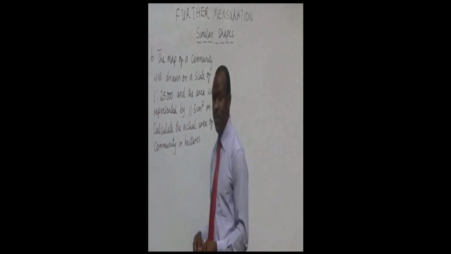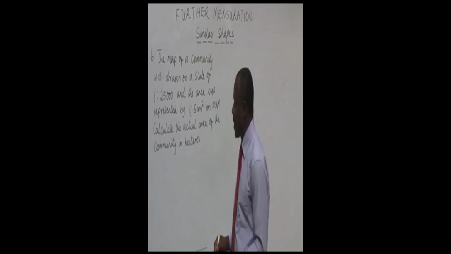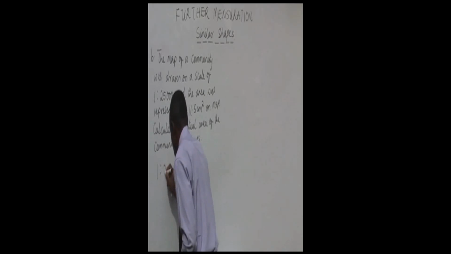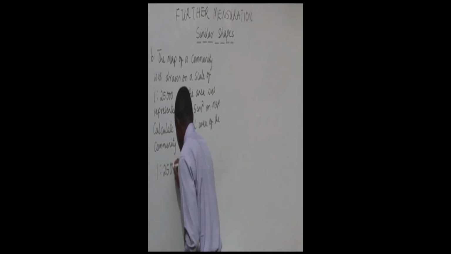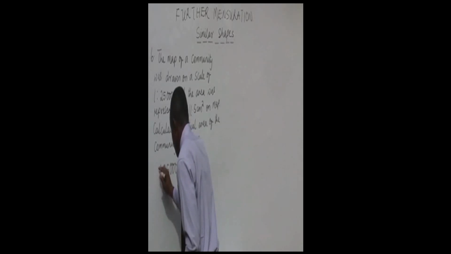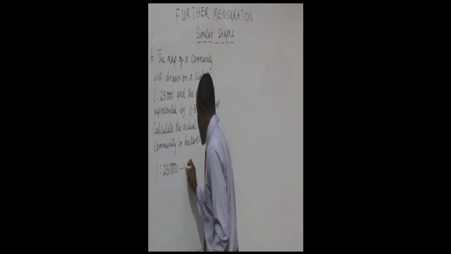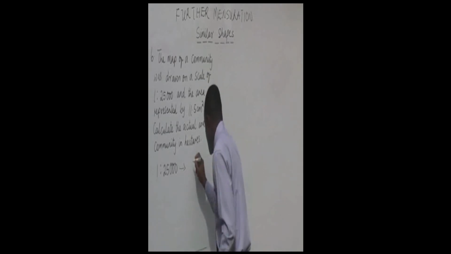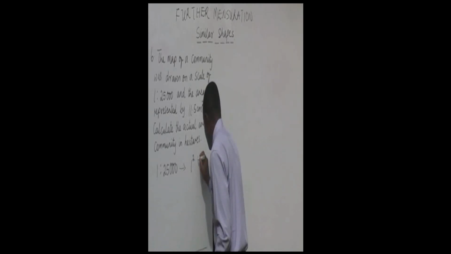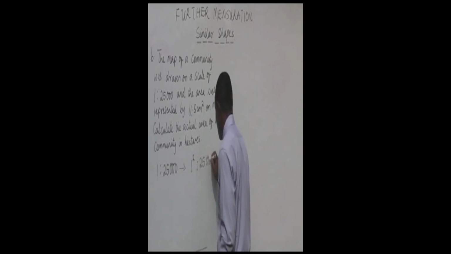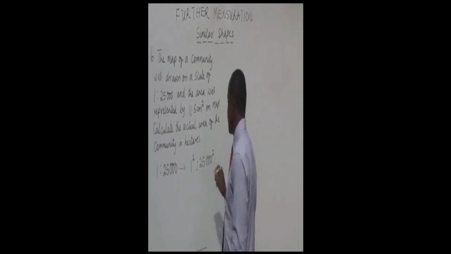This scale is very important. If the scale is 1:25,000, that means the area factor is 1 squared is to 25,000 squared.